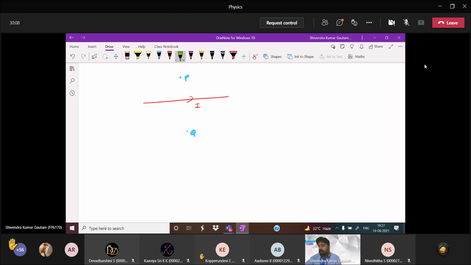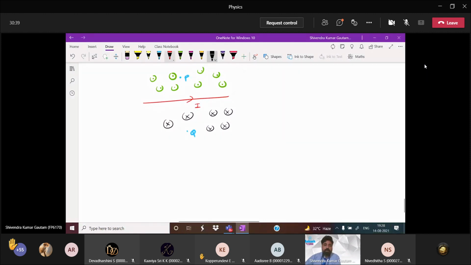Outward. Not only at point P, at every point on this side the magnetic field direction will be outward. Tell me at point Q what is the magnetic field direction? Inward. Thumb in the direction of current, finger towards point Q, then the normal to the palm will be inward. So here everywhere the magnetic field direction is inward. Clear? Everybody understand?